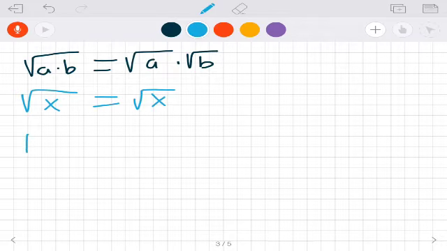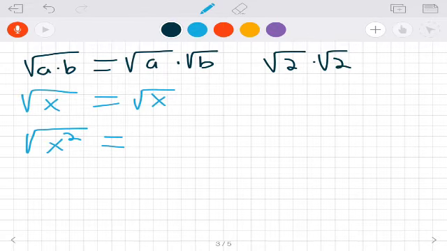However, if we get the square root of x squared, remember, this is basically the square root of x times the square root of x. Just as we saw with the square root of 2 times the square root of 2, that would equal the square root of 4, which equals 2.